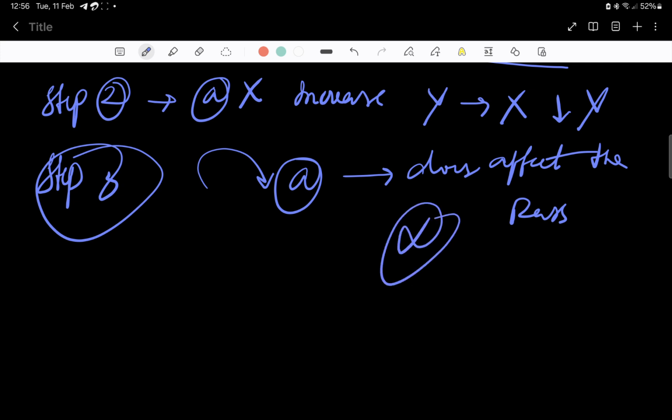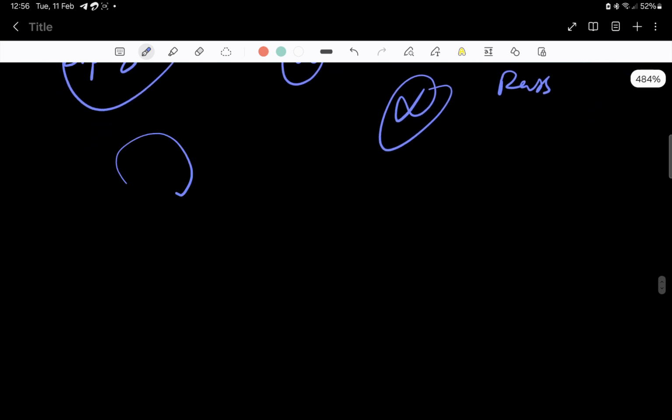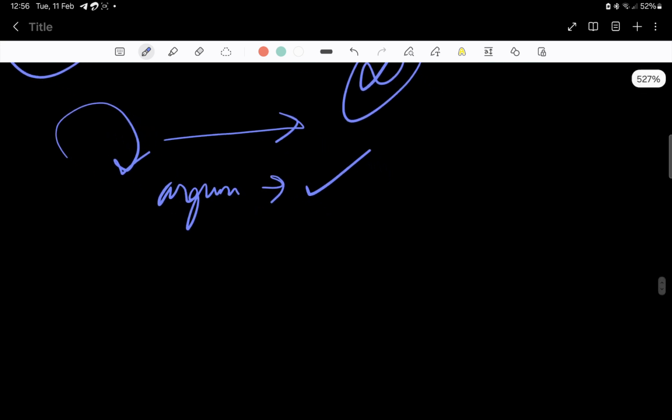If reversing the answer makes the argument collapse, it is the correct answer. If there is no change, that will be your incorrect option.